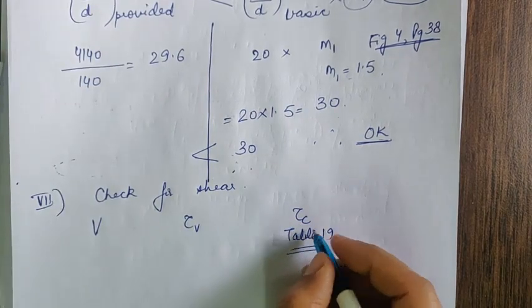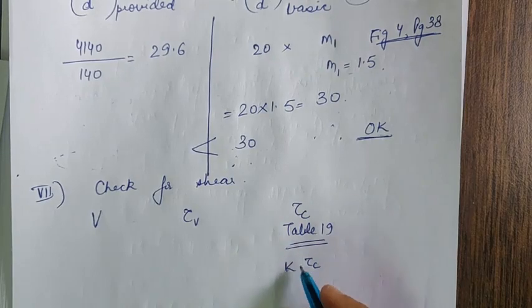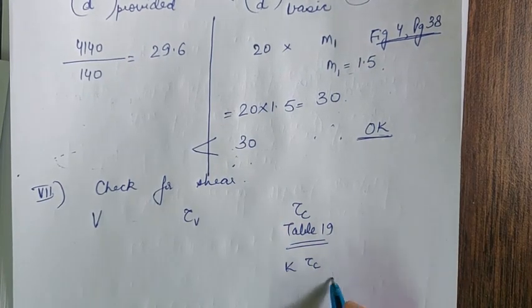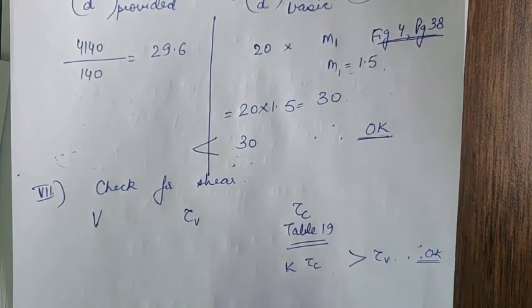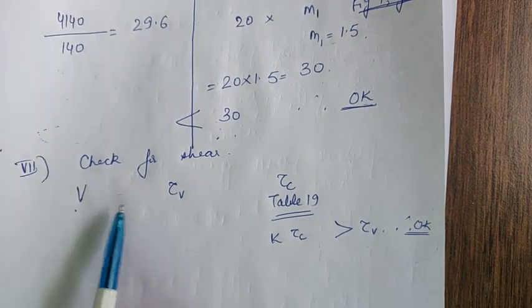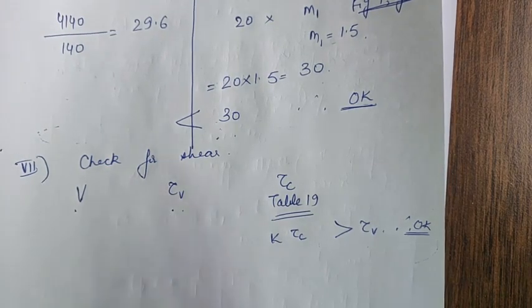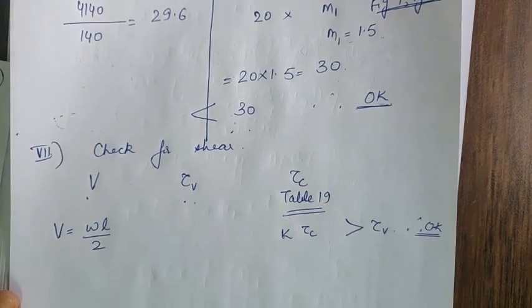If K into tau C is greater than tau V, therefore this check will be okay. Now for doing this check, I need to find out shear force and tau V. Okay. So shear force is WL by 2.